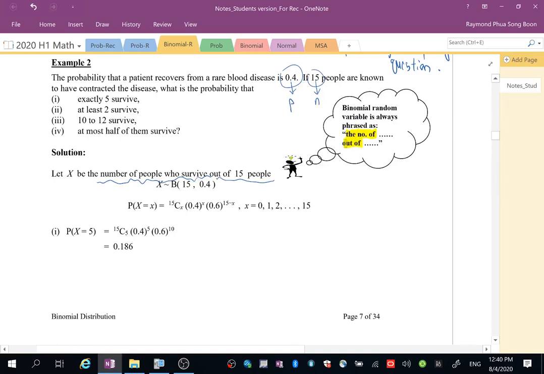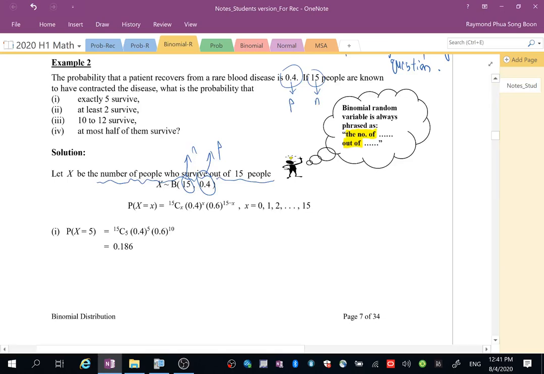The total will be the number of trials. After you have defined it, we write X can be modeled by a binomial distribution with n = 15 and p, the probability of success, is 0.4. In this case, success is defined as a patient recovering from that rare blood disease.